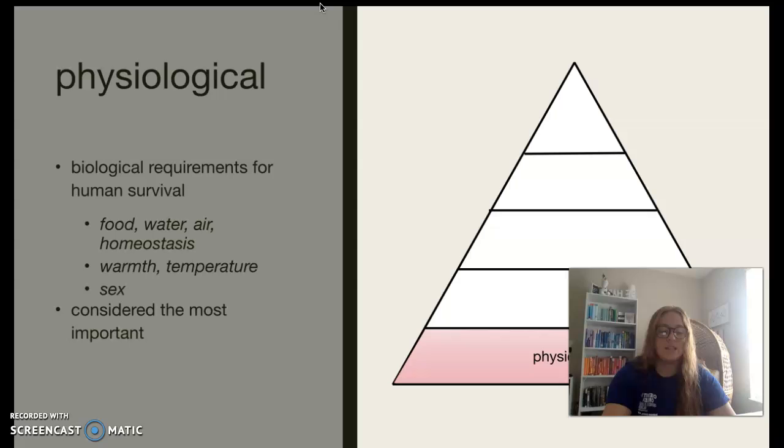Maslow also included sexual reproduction in this level of the hierarchy of needs, since it is essential to the survival and propagation of the species. If these needs are not satisfied, the human body cannot function optimally. Maslow considered physiological needs the most important, as all the other needs become secondary until these needs are met.